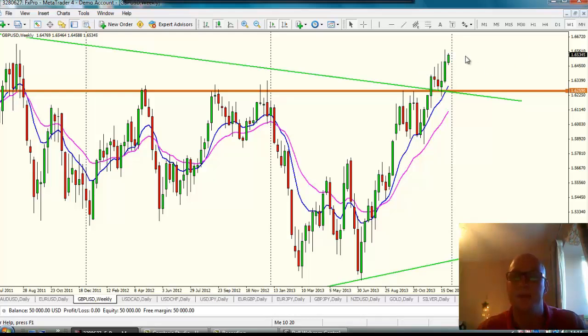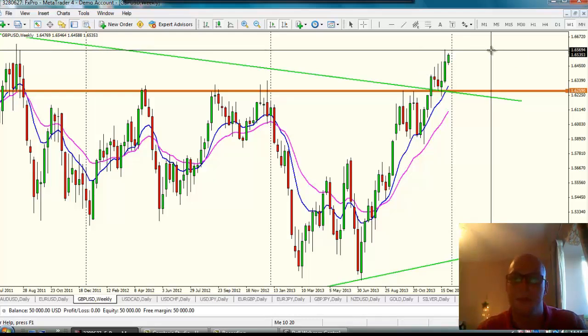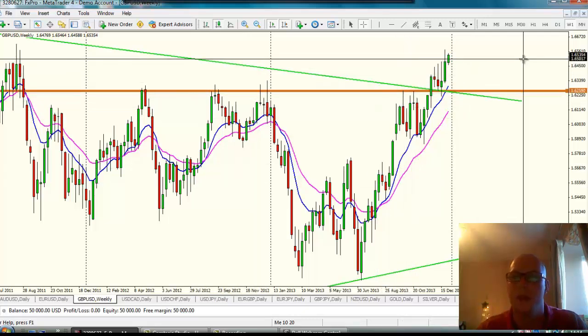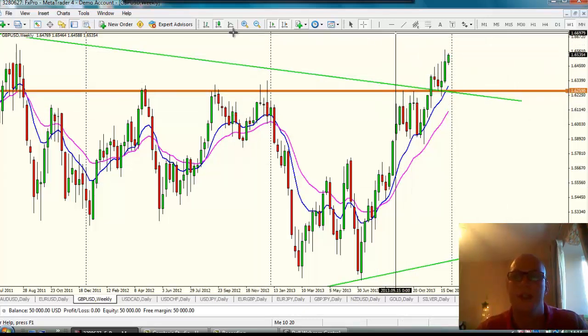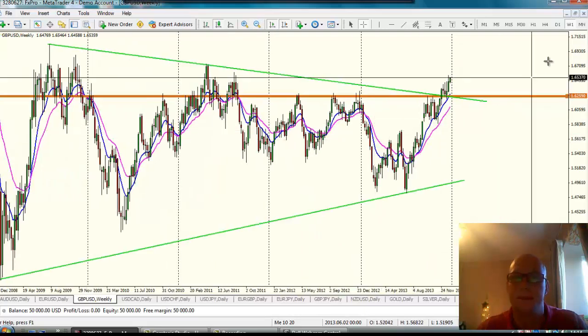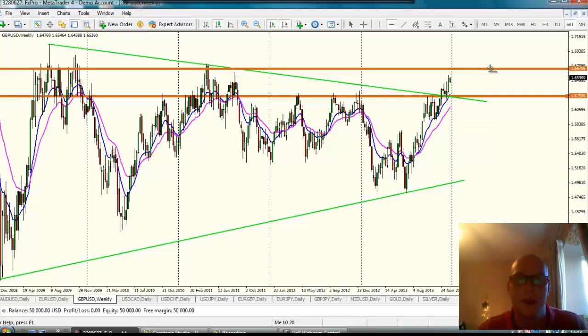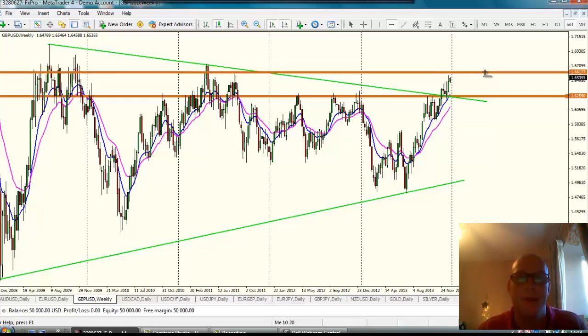Now, as you can see, at the moment we're struggling to find a resistance level on the chart shown. So what I tend to do is I'll zoom out a bit and try and find what I consider to be the next potential turning point in the market, or potentially breakout pullback level, which I think is roughly at the 1.6617 level.